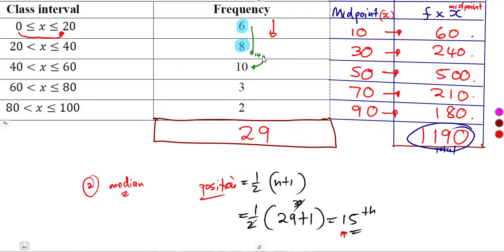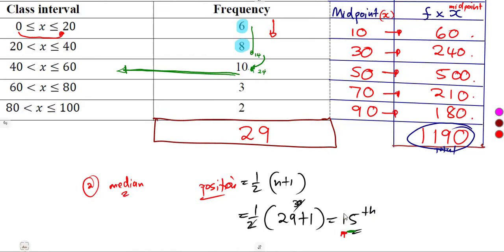The moment we add 14 plus 10, what are we going to get? 24. We have already exceeded the 15th value, because as you are counting, it was 14, then you add 1 from this one, it's now 15. So 15 is occurring in this class interval. The 15th value is going to be found within this class interval.